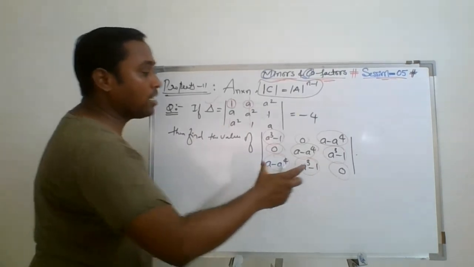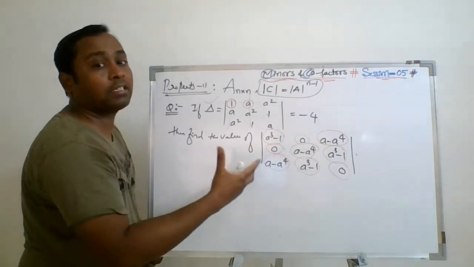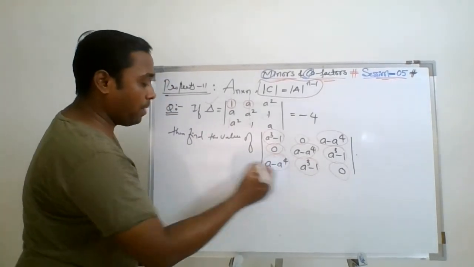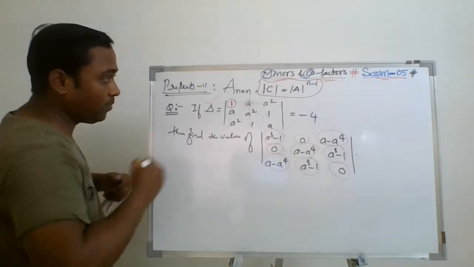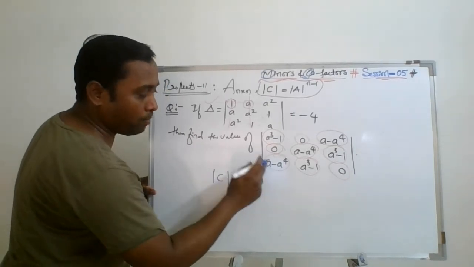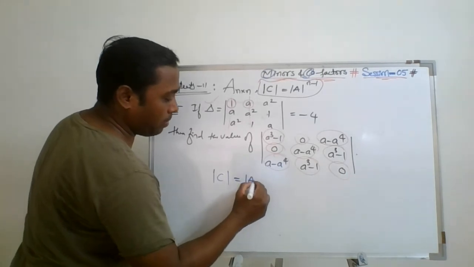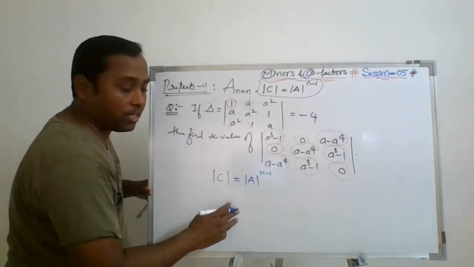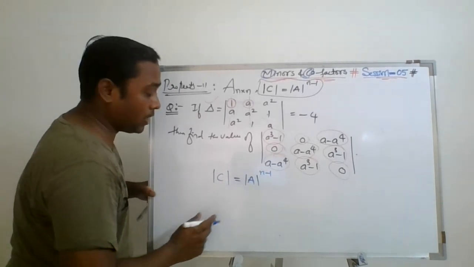Hence this matrix is considered the cofactor matrix. So ultimately the determinant of the cofactor matrix, what does this property say? The cofactor matrix determinant will be given by det A to the power of n minus 1, where n represents the order of the square matrix.